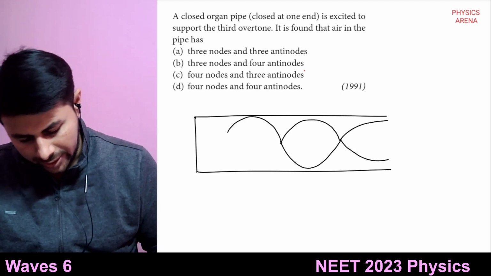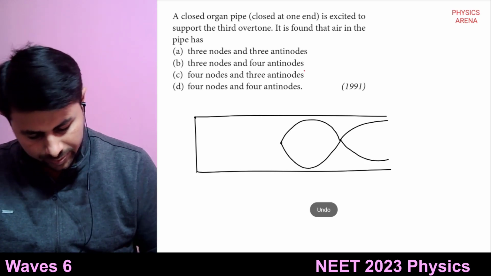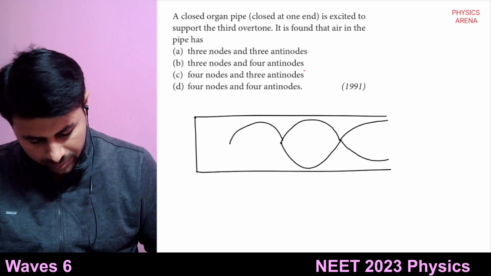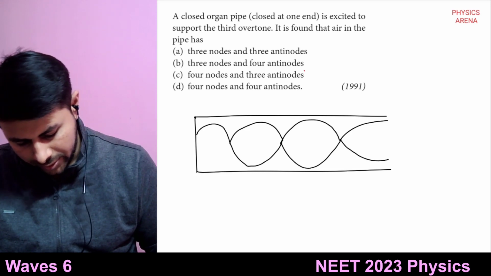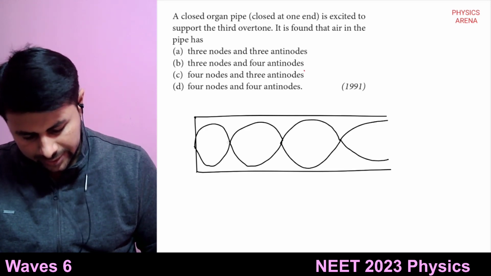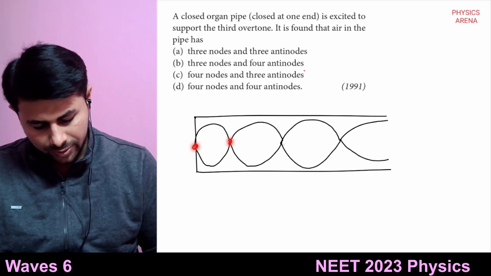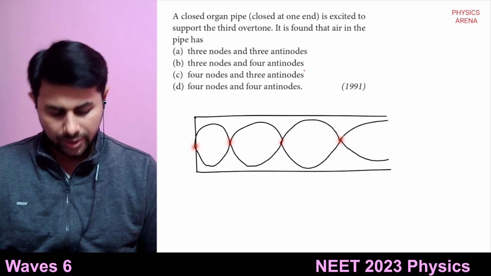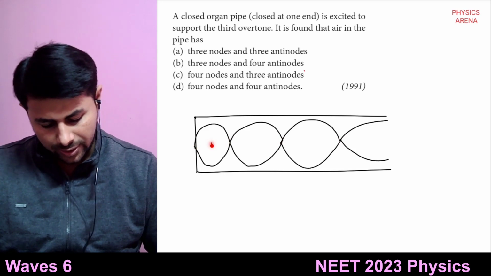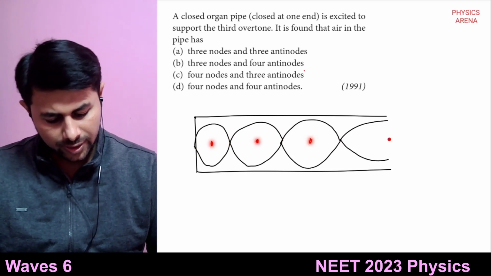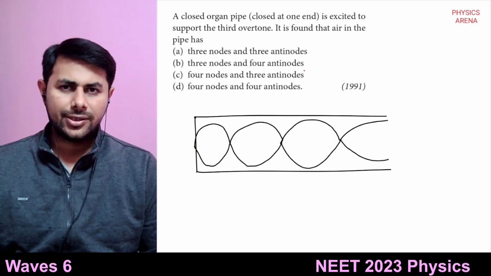Second overtone will have one more extra loop. And third overtone will have one more extra loop. So how many nodes are there? One, two, three, four. How many antinodes are there? One, two, three, four. So four nodes, four antinodes.